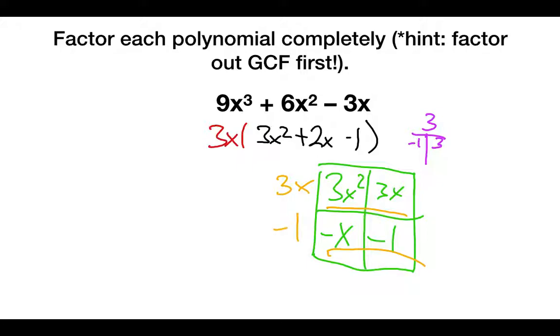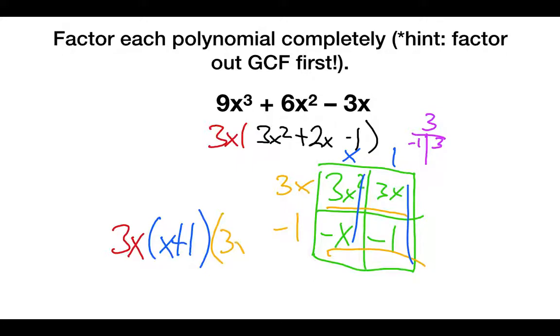Now, let's go on to the other side. 3x squared and negative x is just going to be x, and 3x and negative 1 is going to be 1. Meaning our final factors are 3x, because we can't forget that, times x plus 1 times 3x minus 1.